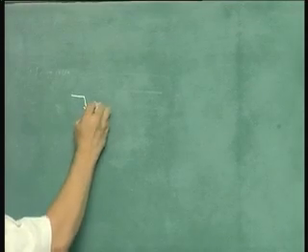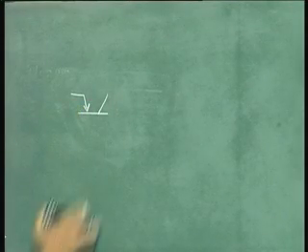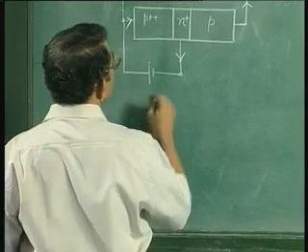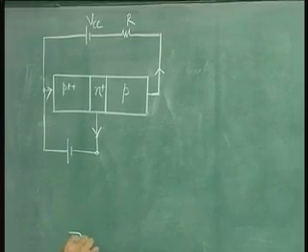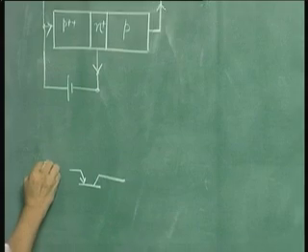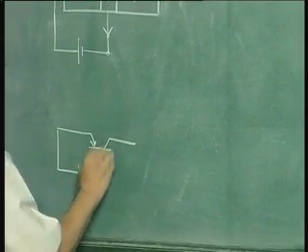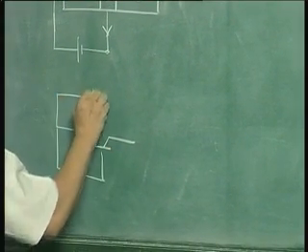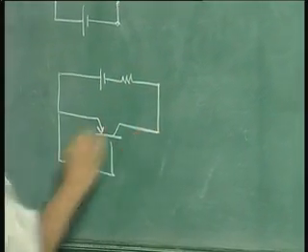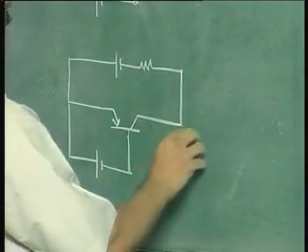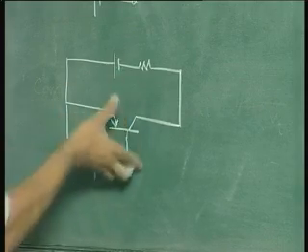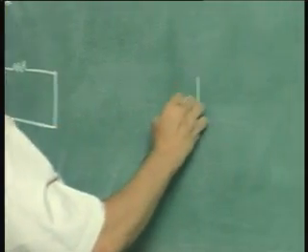So this is the emitter junction, or let us draw it below this first. We will remove these quantities. So first we convert this into a symbol. Now what we will do is we will turn it 90 degrees, because that is the way we often see it in the books.